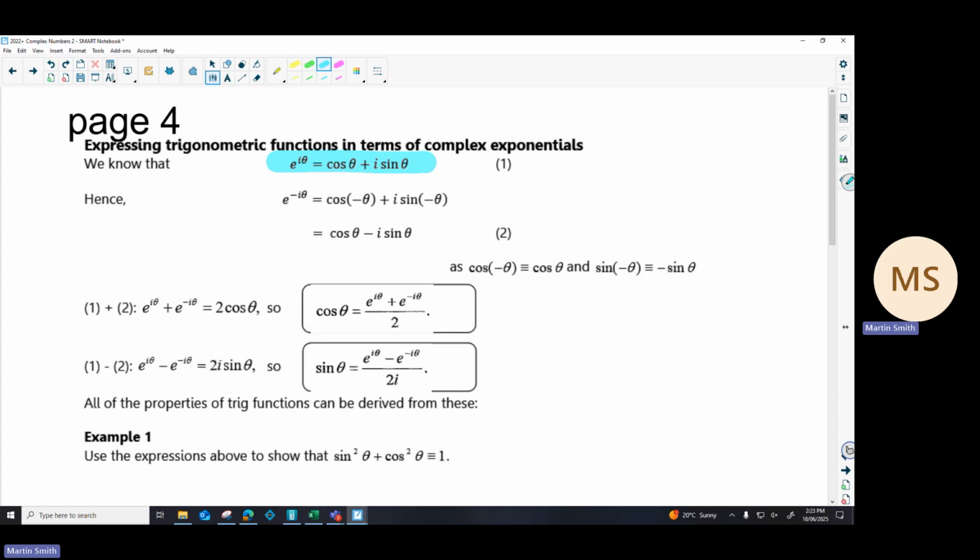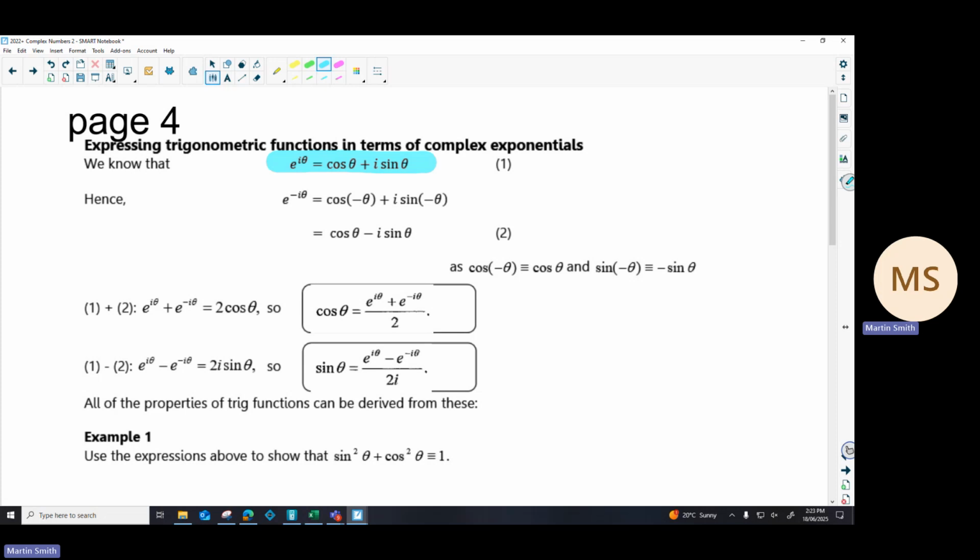Using this, it's possible to write trig functions in terms of complex exponential functions, functions involving e to the power of a complex number. And what's interesting is that all of the properties of trig functions we've ever met can then be derived from that. And when I do this, you will think, hang on, this reminds me of something else.